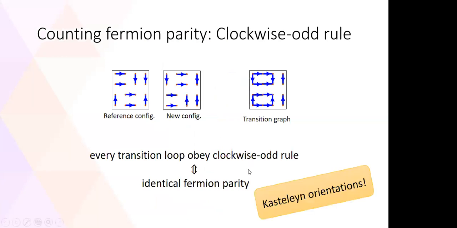Okay, so we again met our friend Kasteleyn. This time not using the Pfaffian to write down the classical partition function, but when we wanted to guarantee a consistent fermion parity.